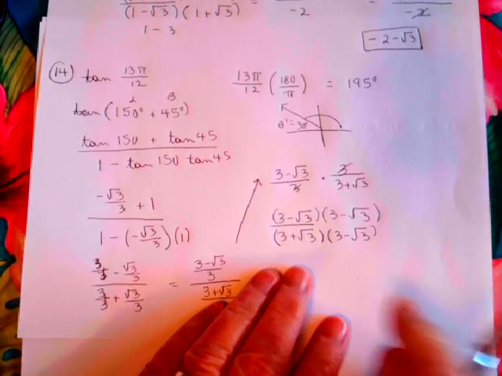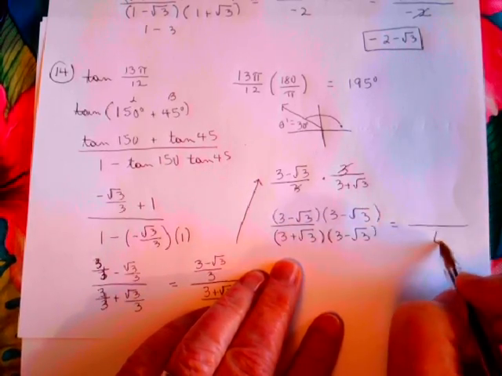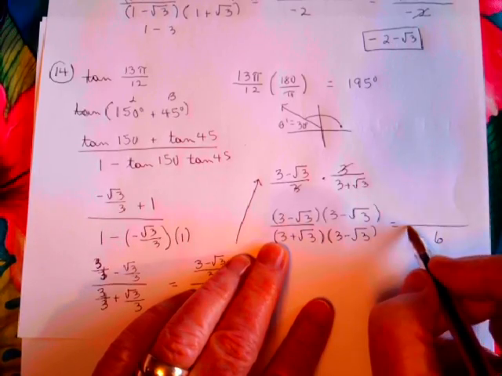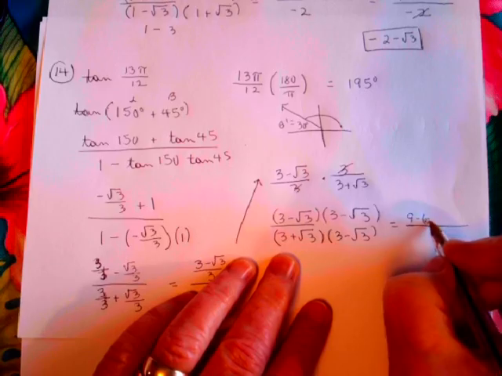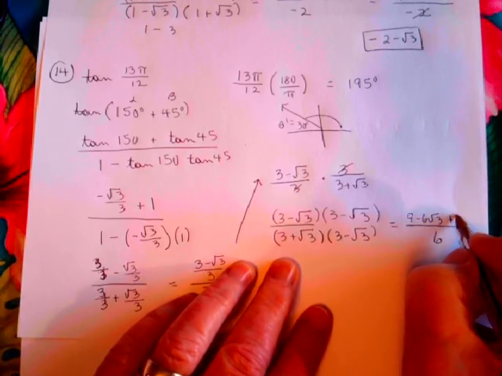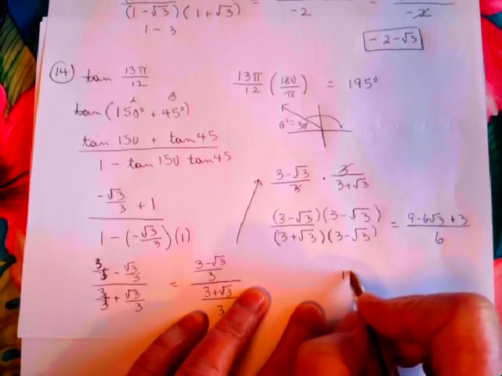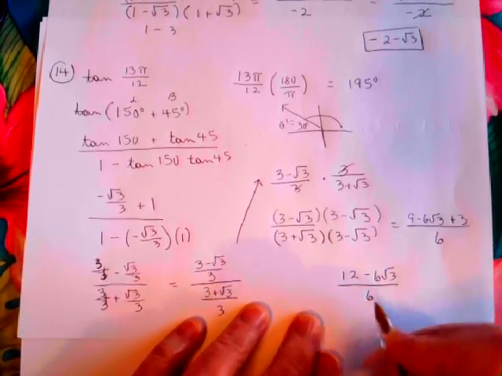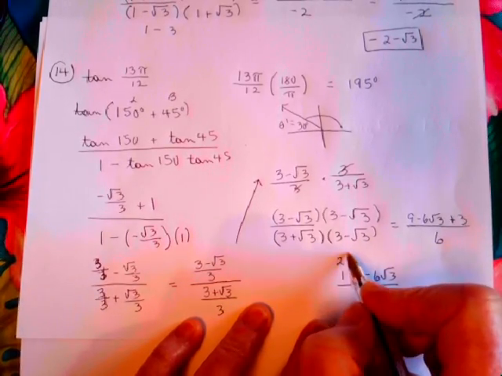This denominator becomes 9 minus 3, which is 6. The numerator is 9 minus 6 times the square root of 3 plus 3, which is 12 minus 6 times the square root of 3 all over 6. Take a 6 out of the top.